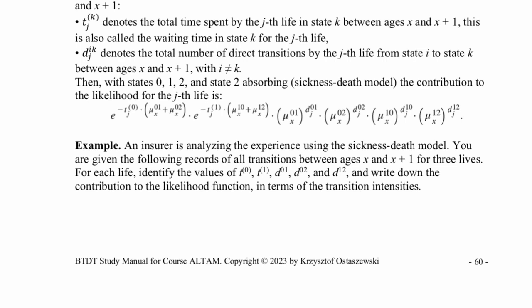Then with states 0, 1, 2, and state 2 absorbing, which is the sickness-death model we have, the contribution to the likelihood for the jth life is of this form: e to the minus tj0 times (mu x01 plus mu x02), times e to the minus tj1 times (mu x10 plus mu x12), times mu x01 to the power dj01, mu x02 to the power dj02, mu x10 to the power dj10, mu x12 to the power dj12.